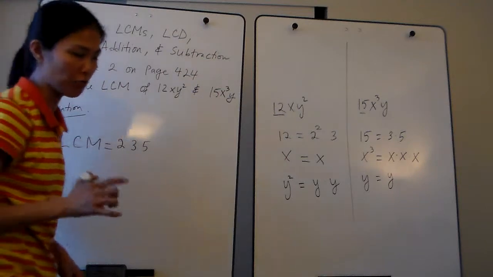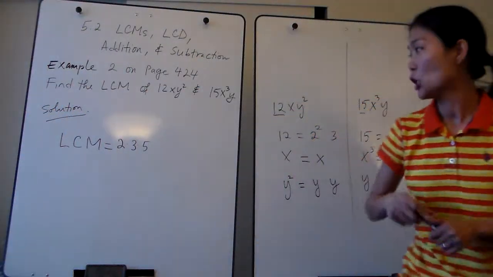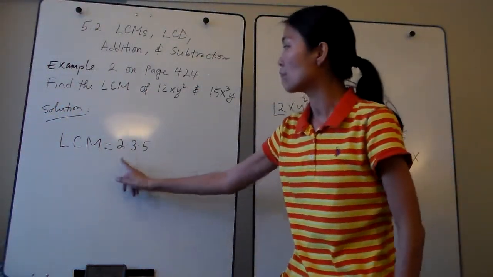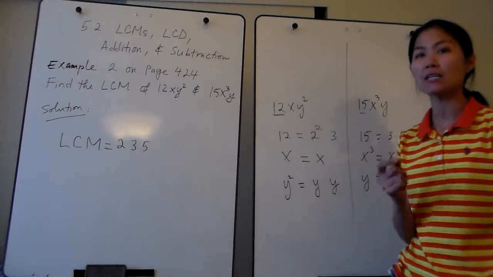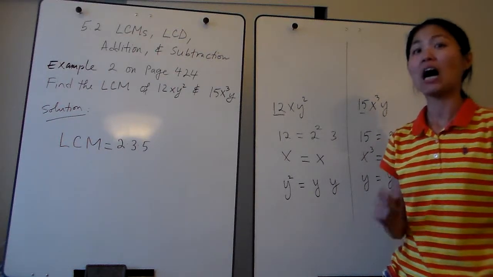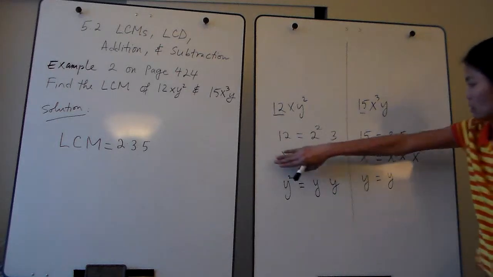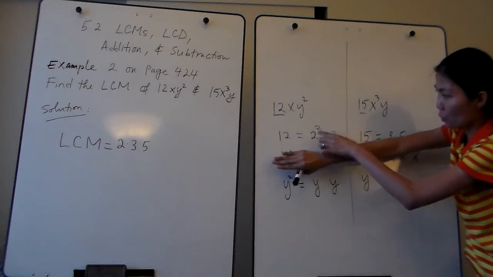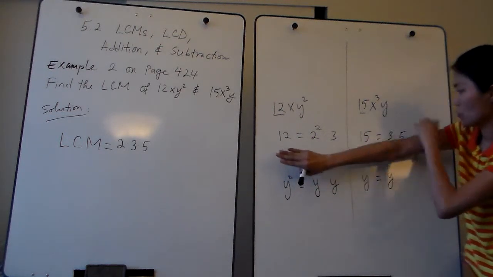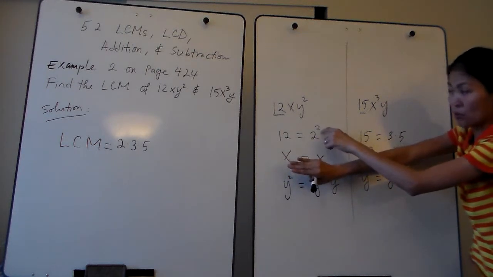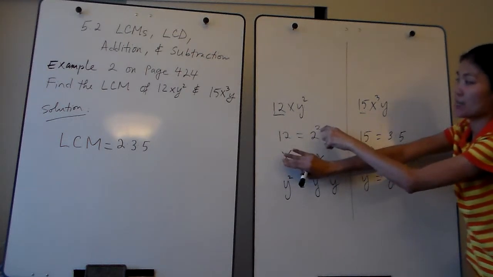Now we're not done yet with the coefficient. You need the factor with the highest exponent, the highest degree. Now let's look at 2, how many times it occurs. For 12, 2 squared, it occurs twice. There's no 2 in 15. So you're going to use this one, the highest degree of 2.